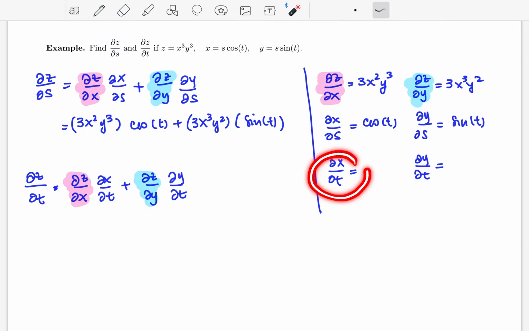So if I do dx/dt, I get that now I'm going to treat s as a constant. So I get that this is negative s sine of t, right?